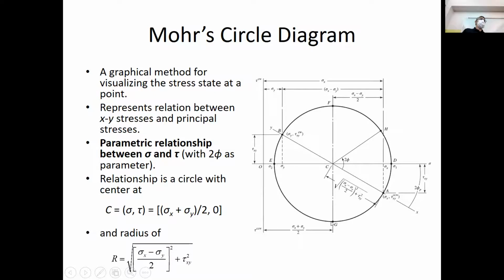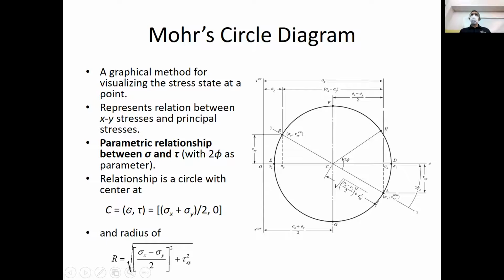So then the question is, how do I construct Mohr circle? There is more than one way to draw Mohr circle. One of them is to identify the center of the circle. And the center of the circle is always going to be on the sigma axis, so basically tau is 0. This tau is 0.